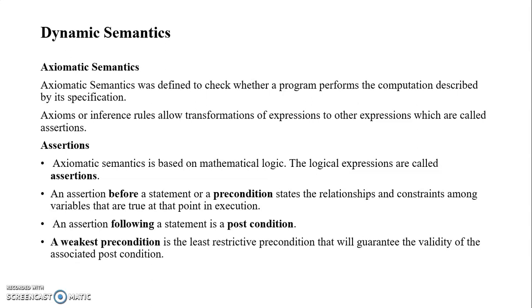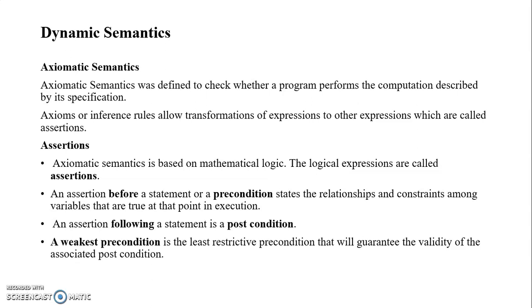An assertion before a statement, or a precondition, states the relationship and constraints among variables that are true at that point in execution. An assertion following a statement is a postcondition, and the weakest precondition is the least restrictive precondition that will guarantee the validity of the associated postcondition.